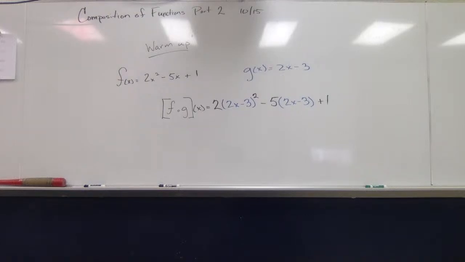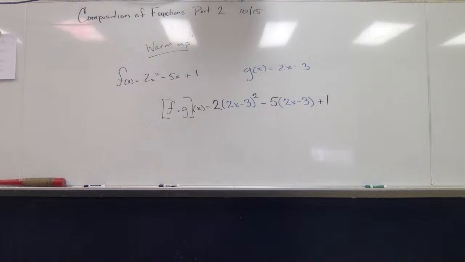We FOIL. Like I said, twice. What's 2X times 2X? 4X squared. And then it's 2X times negative 3. So it's 2 times negative 3, negative 6, and there's an X there. Negative 3 times 2X is negative 6X. And then negative 3 times negative 3 is 9.